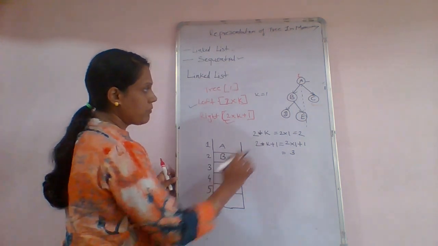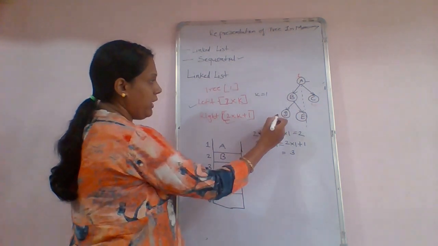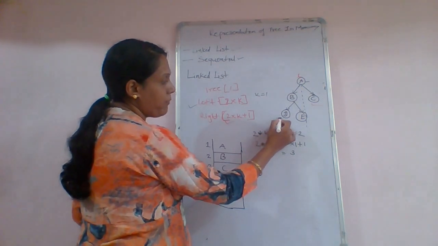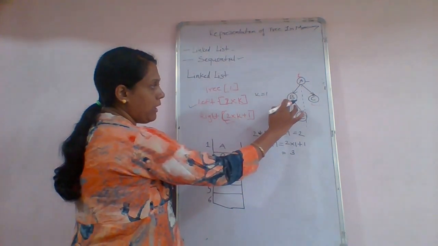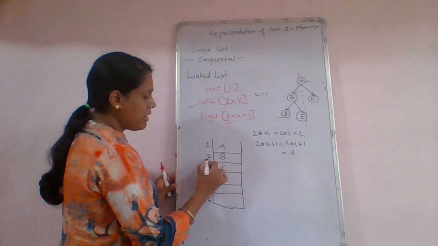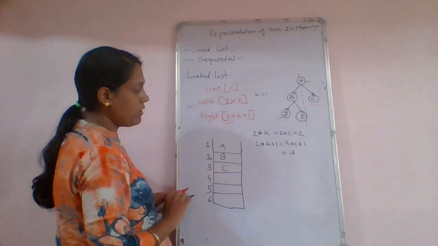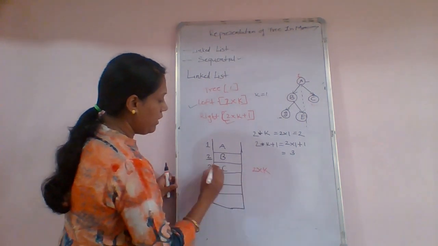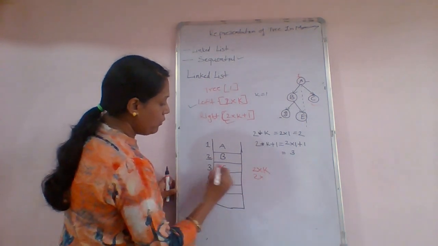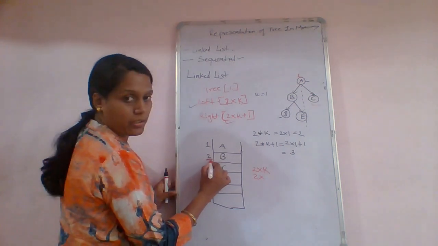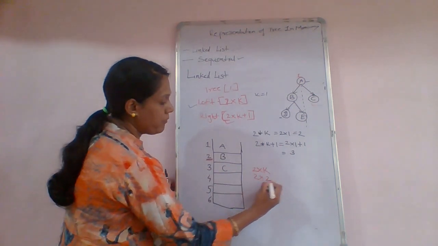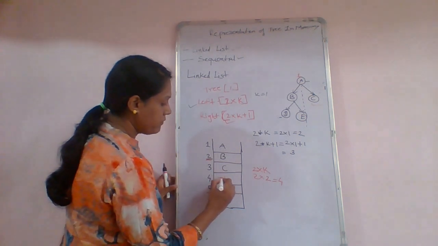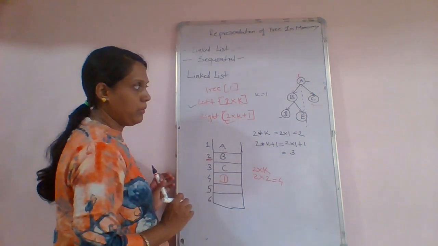Now 4. So D. We come to the D. D is again at the left side of the B. B is located at the second location. So what is the formula for the left side? 2 into K. Now B is at the second location, so we are taking the 2. That is 4. So D is at the fourth location. Okay.